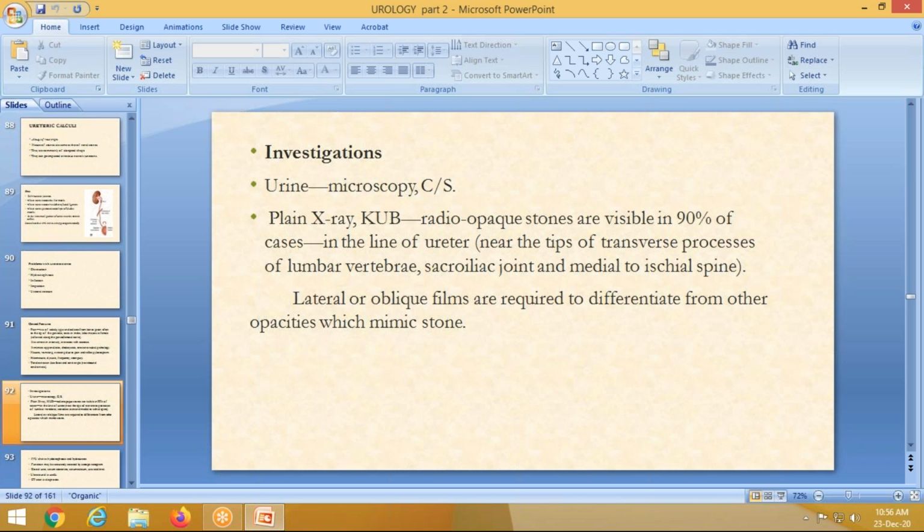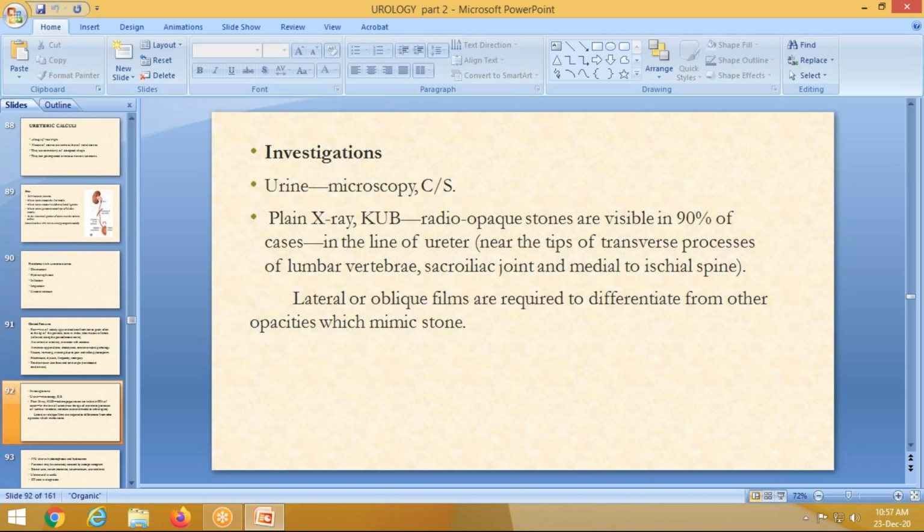Where are these stones located? If in the ureter, it always lies along the transverse process of the vertebra. If we take an X-ray, along the tips of the transverse processes of the lumbar vertebrae, along these lines, ureteric stones are located, or at the sacroiliac joint, or medial to the spine. These are the anatomical identifications of ureteric stones in a plain X-ray of the KUB.